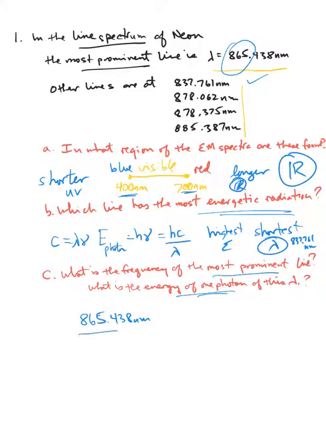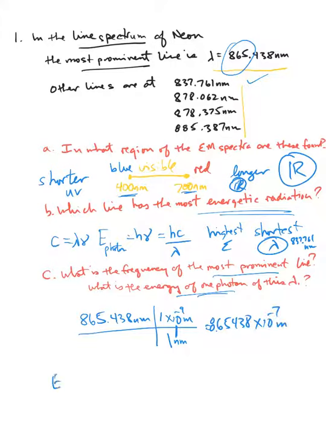So 865.438 nanometers, I already want to remember that 1 nanometer is the same as 1 times 10 to the minus 9th meters. Always remember that the prefix is substituted by the power. And that gives me 8.65438, it's a lot of sig figs, times 10 to the minus 7th meters.